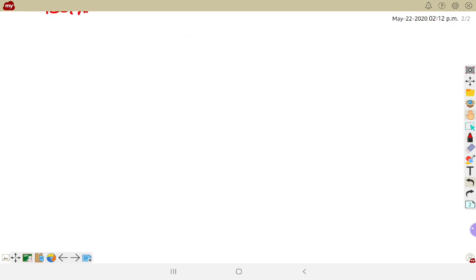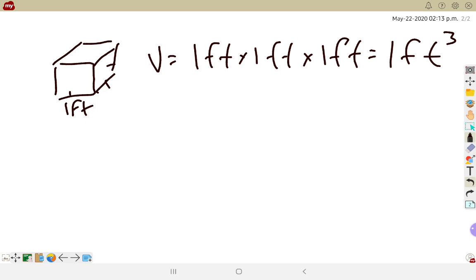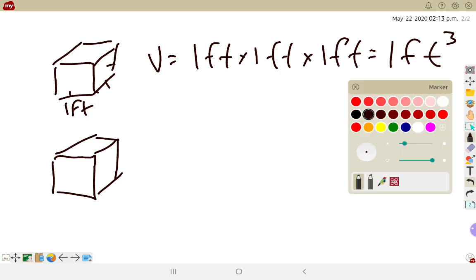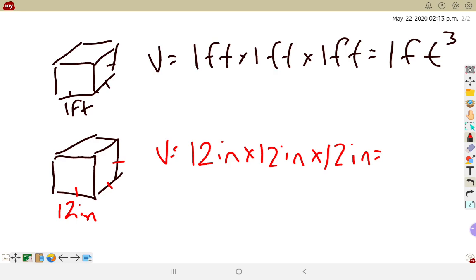Okay, same thing would go if we were working in imperial. Let's say I had 1 foot cubed, where everything in that cube is 1 foot. That's 1 foot times 1 foot times 1 foot, and that's 1 foot cubed. Well, that same cube, if I change those measurements instead to inches, I have 12 inches by 12 inches by 12 inches, and when I multiply 12 by 12 by 12, that gives me 1,728 inches cubed.